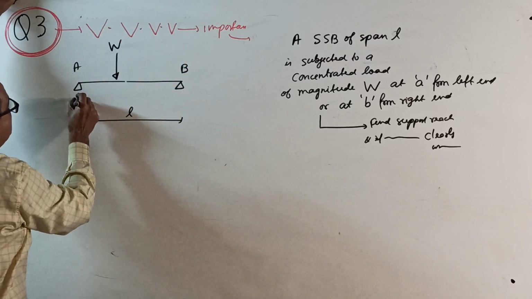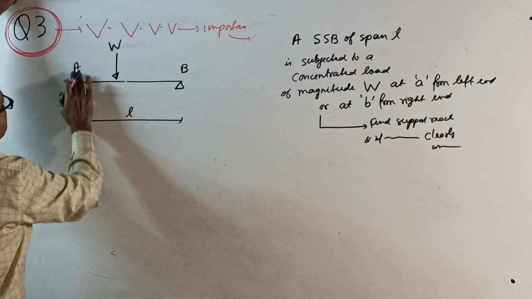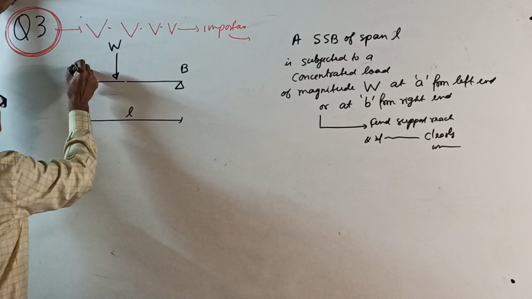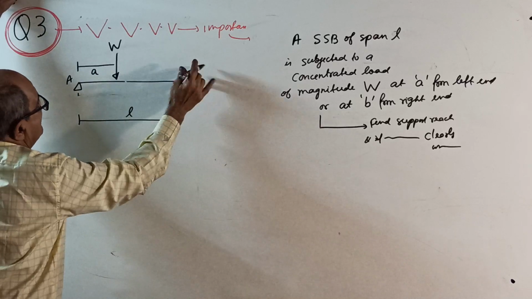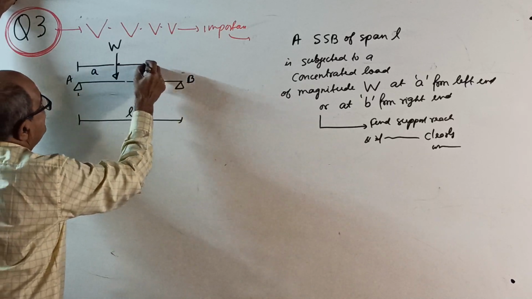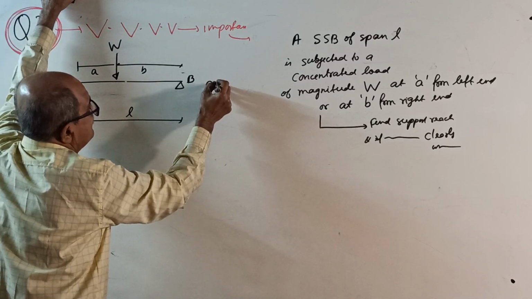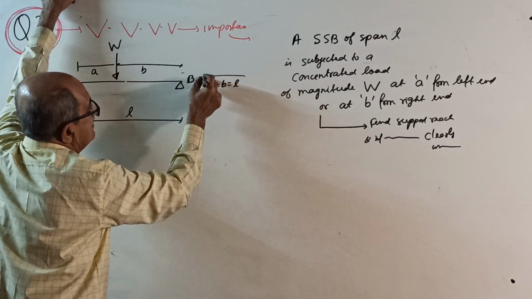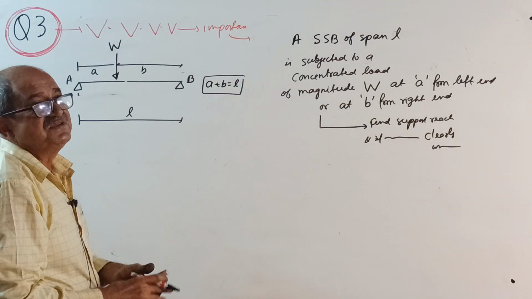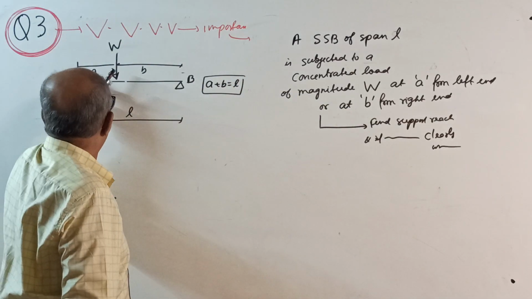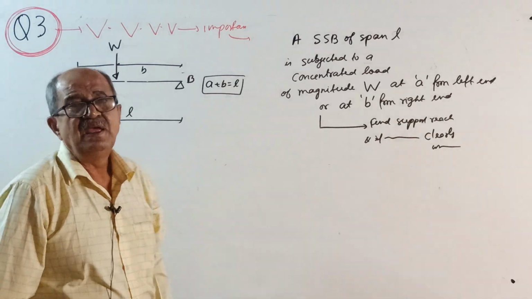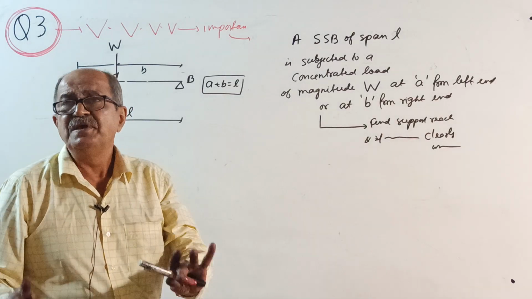Now this distance is A, or this is B. So surely you can write here A plus B equal to L. By chance in any question, if they give only A in place of B, you have to write L minus A. I will give the result for you.